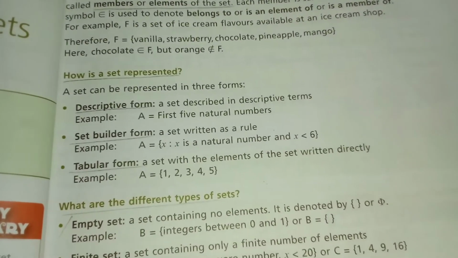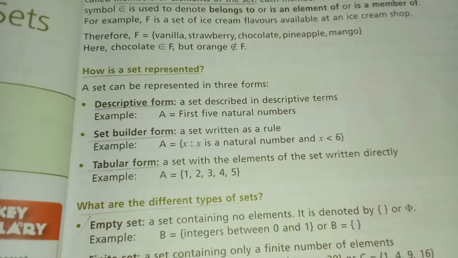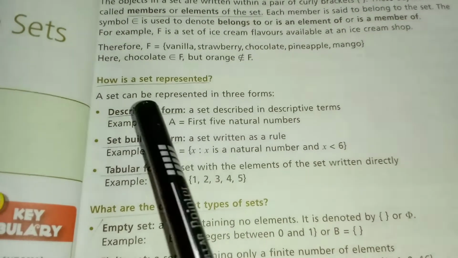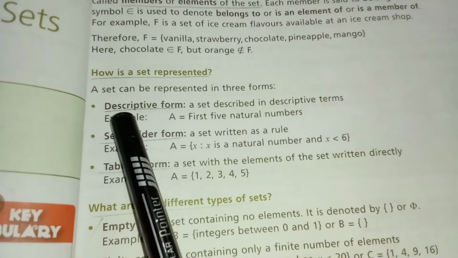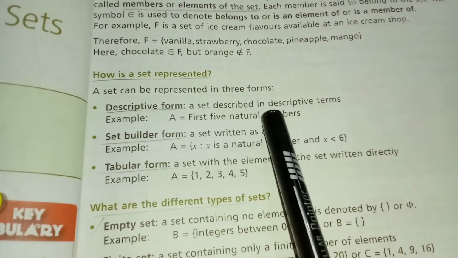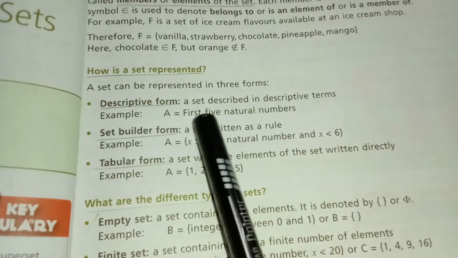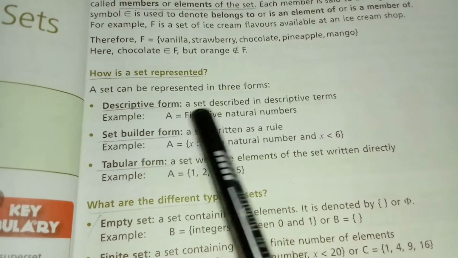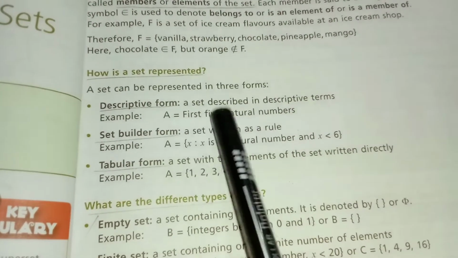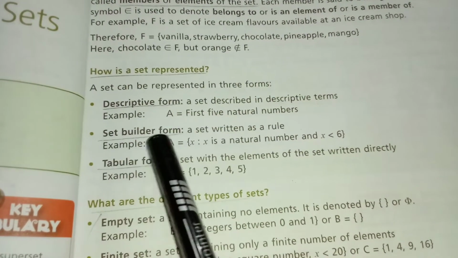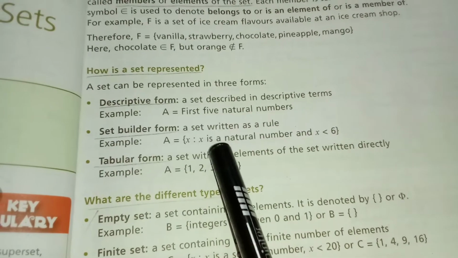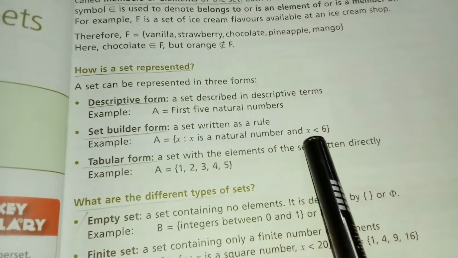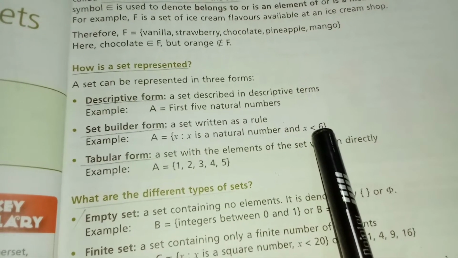Now we have to learn about how a set is represented. A set can be represented in 3 forms: descriptive form, set builder form and tabular form. Descriptive form: a set described in descriptive terms, like the first 5 natural numbers belong to A. Set builder form: a set written as a rule, for example x such that x is a natural number and x less than 6.